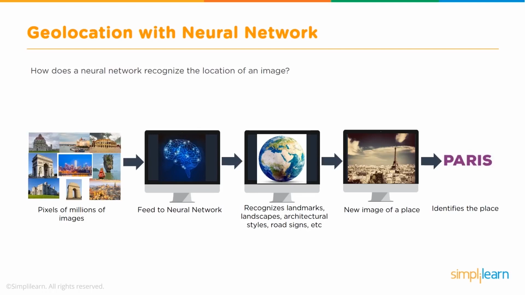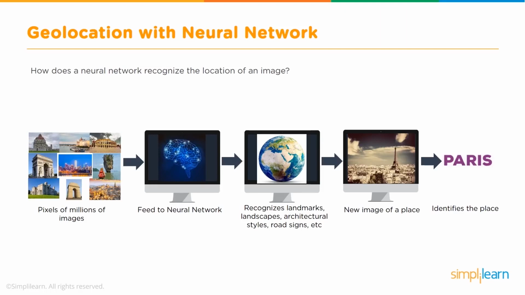They might be 256 by 256 pixels resolution, where each pixel has maybe a certain grade of color, and all that is fed into the neural network, which then gets trained based on this information and is able to recognize and extract the features, and thereby is able to identify these images and the location of these images. Then, when you feed a new image based on the training, it will be able to figure out where this image is from. So that's really the basics of how it works.